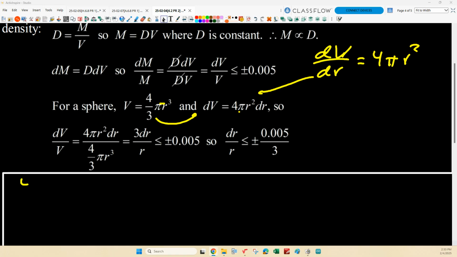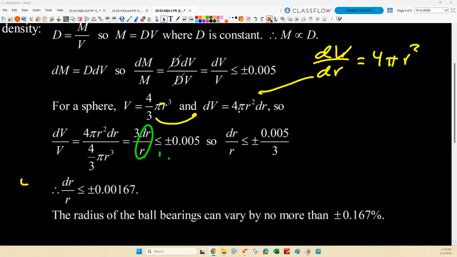I'm just trying to solve for this, aren't I? So to isolate that, I just divide both sides by 3, and I get plus or minus 0.005 divided by 3, which is that. So the radius of the ball bearings can vary by no more than 0.167%. But you probably could have told me that from the beginning, couldn't you?